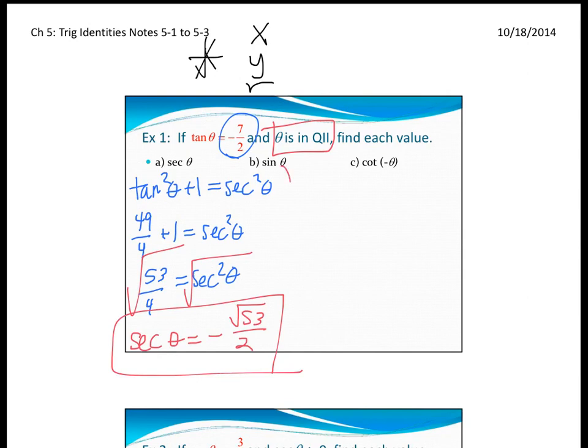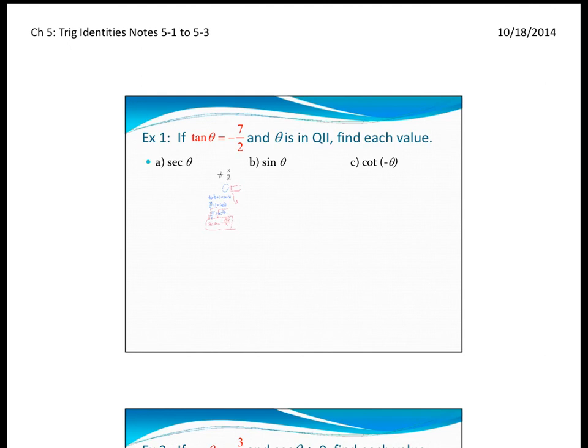For this middle problem, I want to find sine of theta. As I stated a minute ago, you can solve these problems with the XYR method, but we want to show you some additional techniques. So for this problem, if we start with our quotient identity, that tan theta is equal to sine theta over cosine theta, we know that whenever I have a 1 over cosine theta, that is the same as having a secant theta.